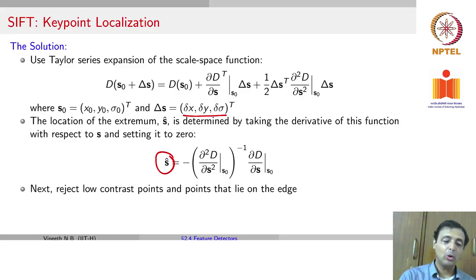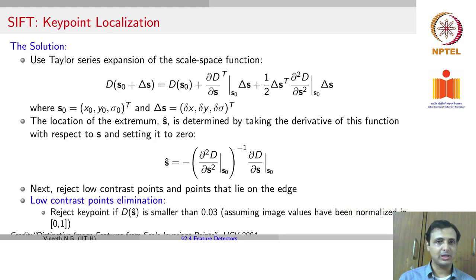Once we do this, we also do one more step. We also want to now remove all points which have low contrast and all points which are edge points, because if they are edge points, they are not useful corners, as we already talked about in the last lecture. How do we remove low contrast points?